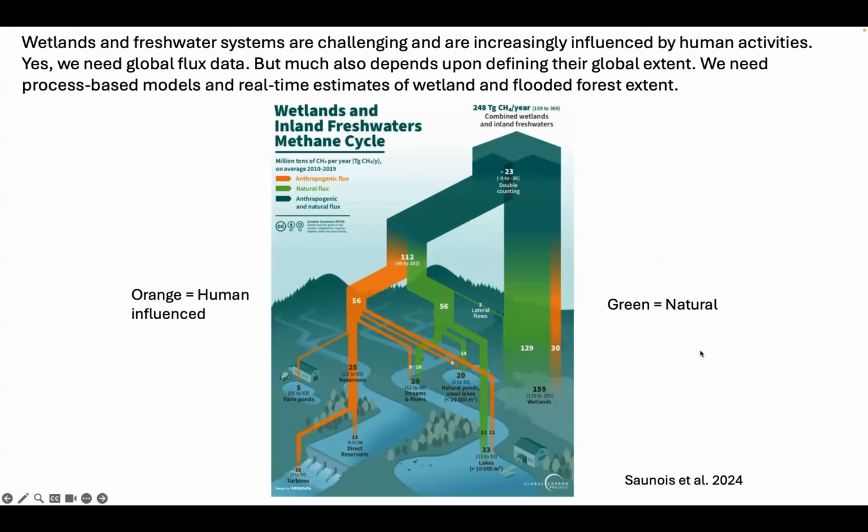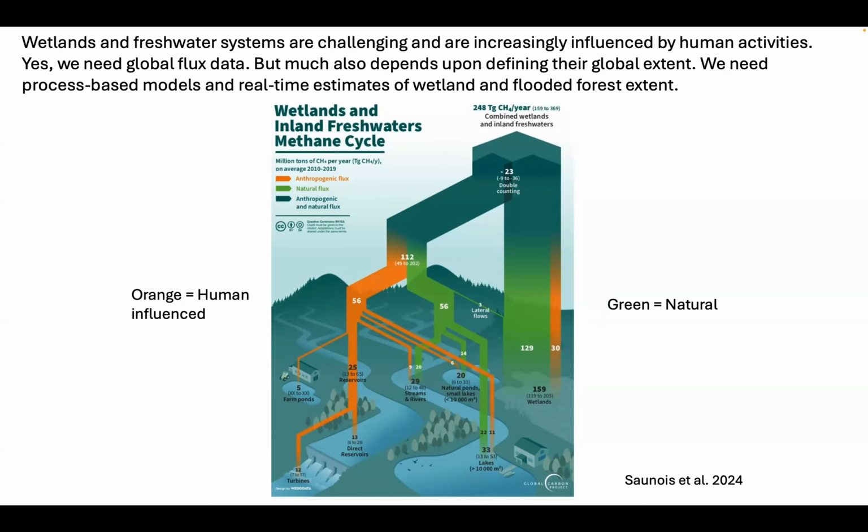And I'll stop here. Just one final thought is to acknowledge that the flux data are critically important, and we need them to have a baseline, but we need a lot more than just the fluxes from our towers. So this is a slide. The orange and green is Pete Raymond and Pierre Renier's work, breaking down the freshwater and wetland emissions into anthropogenic and natural sources.